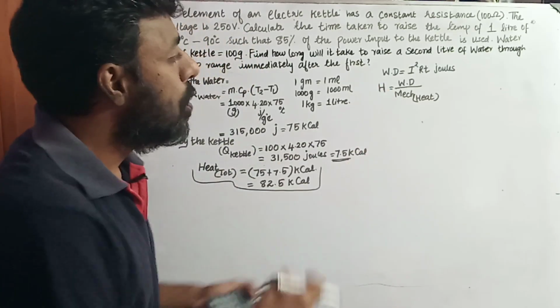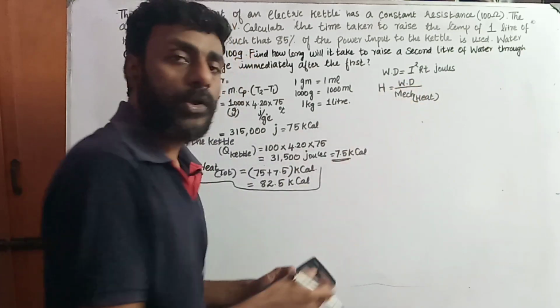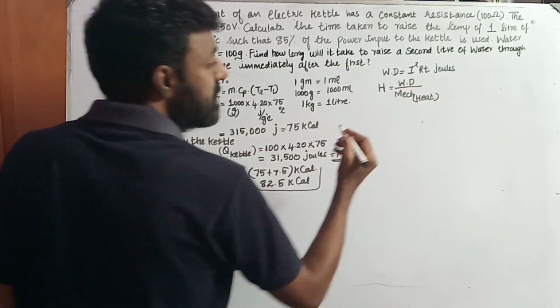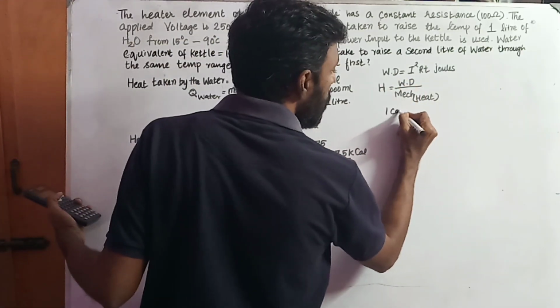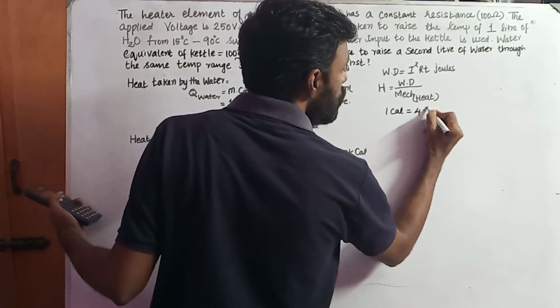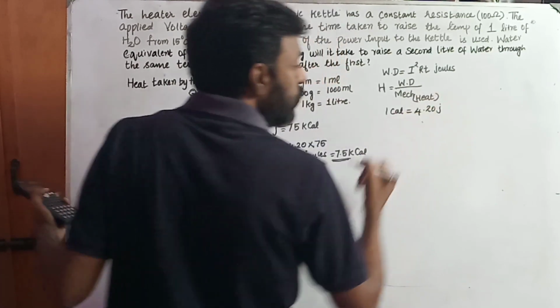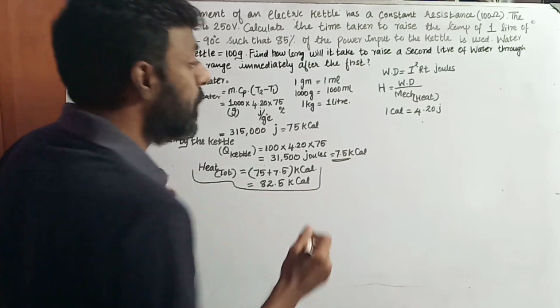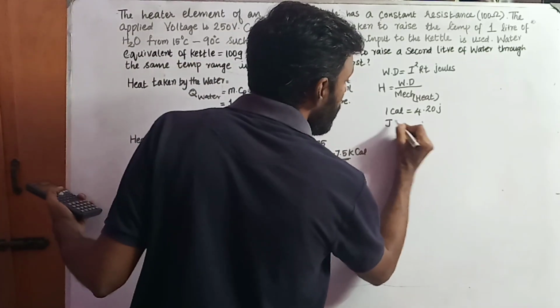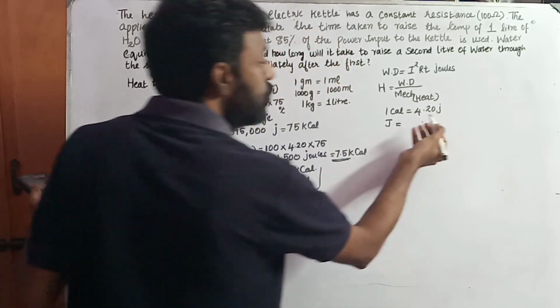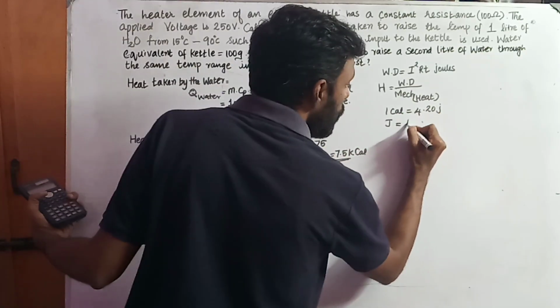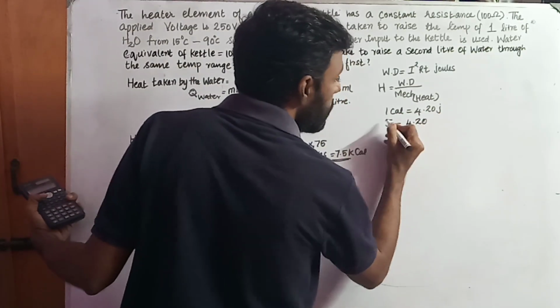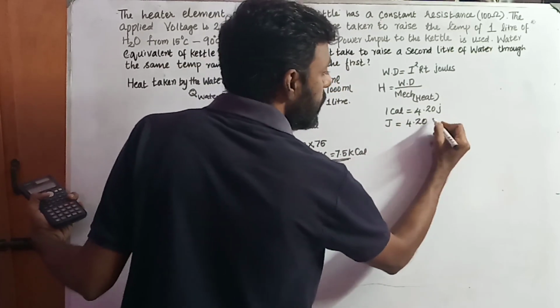So what is this mechanical equivalent of heat? We know that 1 calorie is equal to 4.20 joules. The mechanical equivalent of heat is expressed by the capital letter J, which is 4.20 joules per calorie.